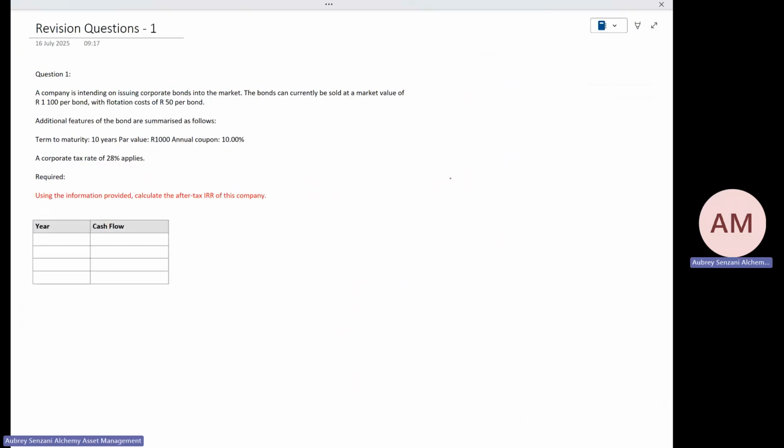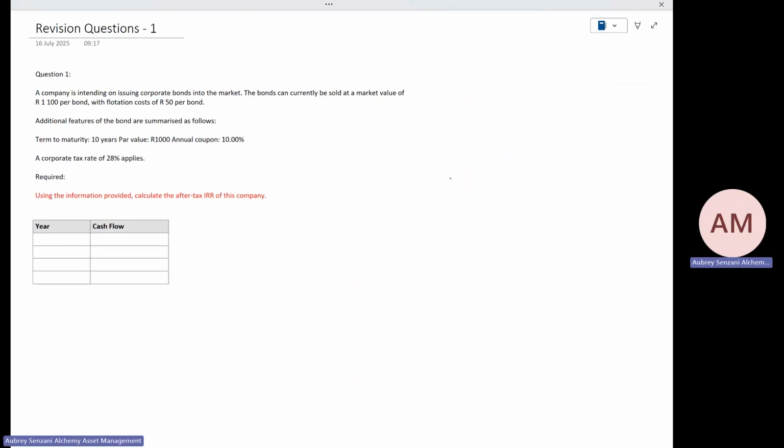Okay, so what's happening with this company? It says a company is intending to issue corporate bonds into the market. So it's planning on getting some debt financing. The bonds can currently be sold at a market value of 1,100 per bond. So that's the current price.